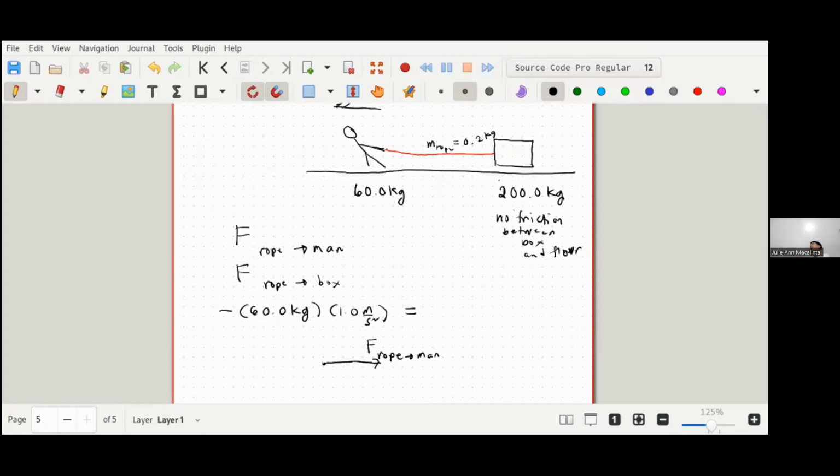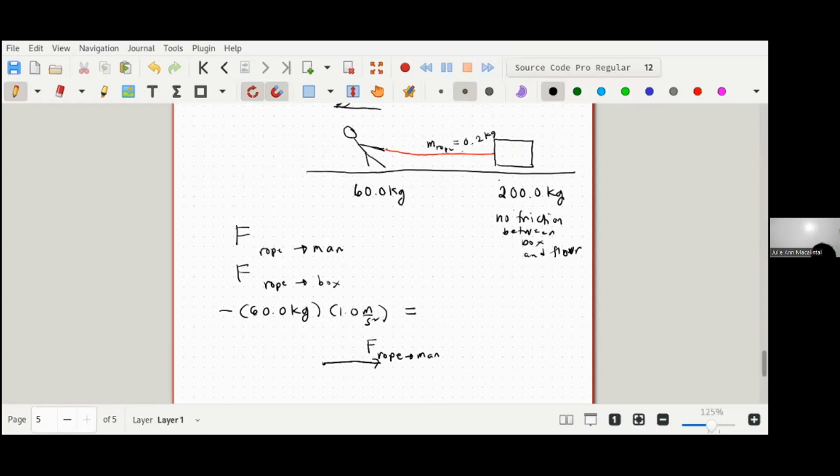Okay. May friction. Yung ground. So the ground is, ano yung force from the ground? Pulling something backwards. Going forwards?